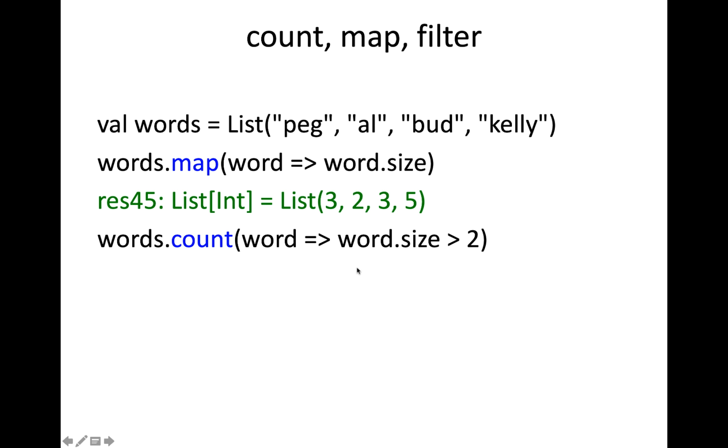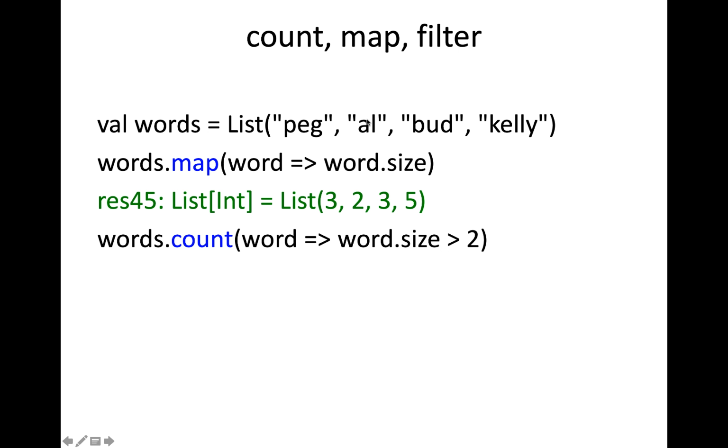Makes sense? So what count does, it applies the given anonymous function on each item. So this will give us this Boolean, 3 greater than 2 or not, and 3 is greater than 2. So this item will give us true, correct? After applying this anonymous function on this item, it will return true.